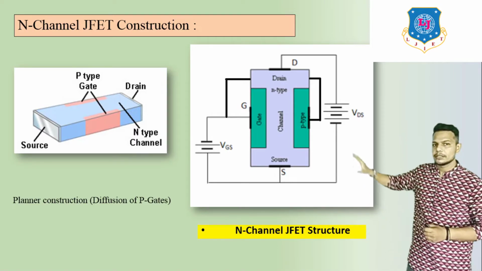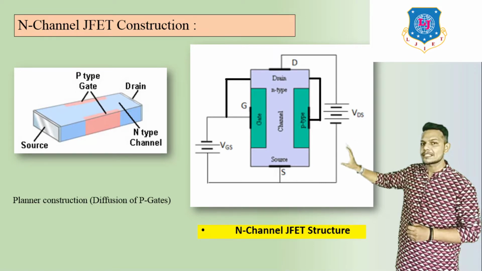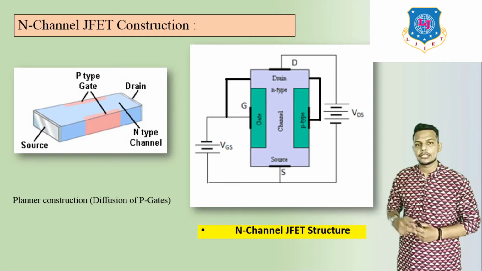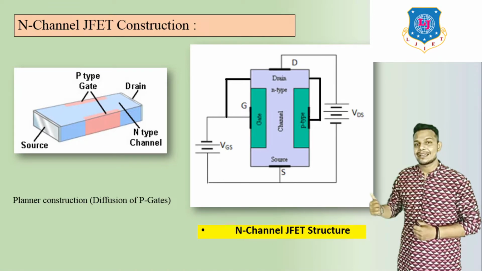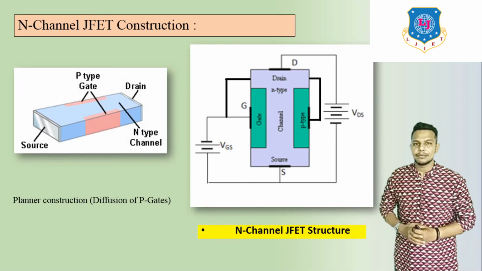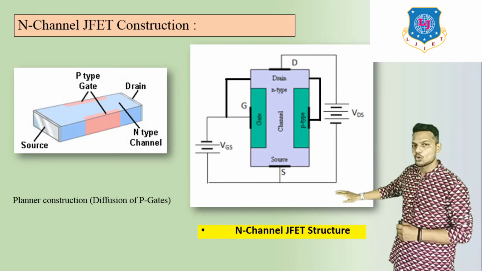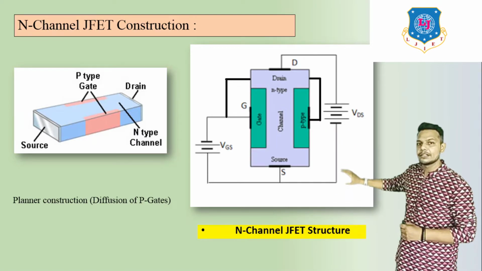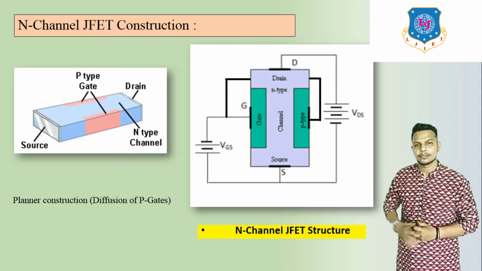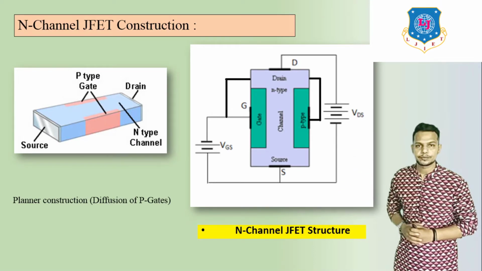Obviously we have to connect two batteries because there are three terminals, similar to the BJT. Gate and source are connected with VGS, known as gate to source voltage, and that is our main input voltage.